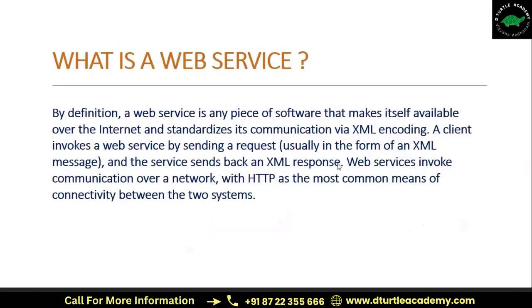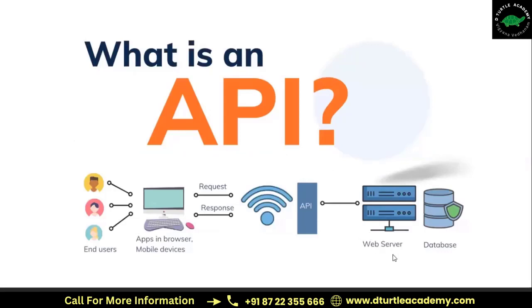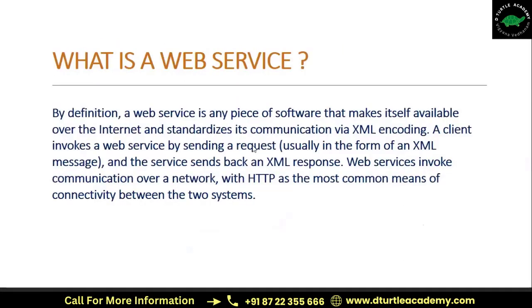To access any web service, you need the internet; without internet it is not possible to access web services. Web services only work when internet service is available. If a client invokes a web service by sending a request, the service sends back an XML response. Web services invoke communication over a network with HTTP as the most common means of connectivity between the two systems.